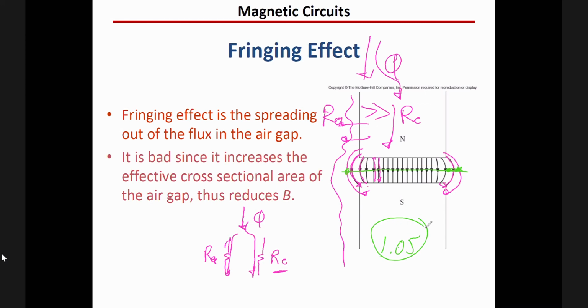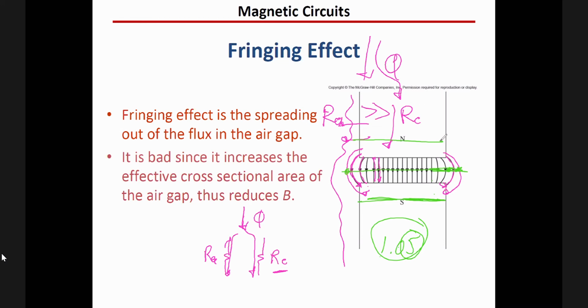Yes, it means that the air gap area is more than the core area by 5%. You can say that the area of the air gap is 1.05 times the area of the core. Or I can simply say that the fringing effect is 5%, meaning that I'm talking about 5% more in the air gap than the core.